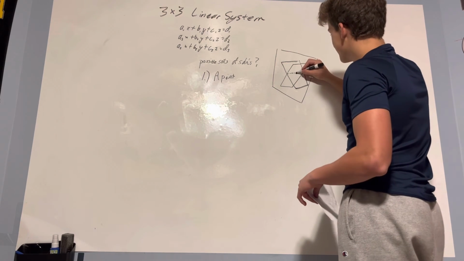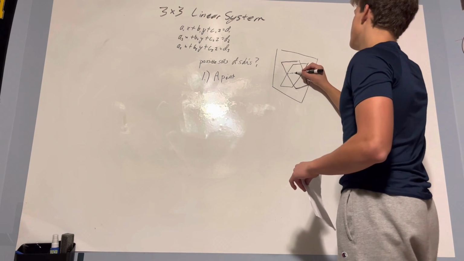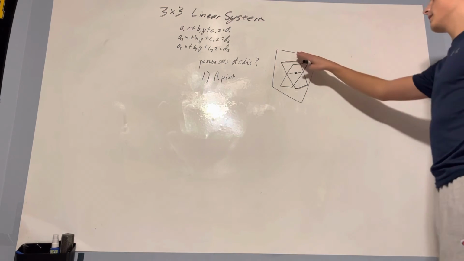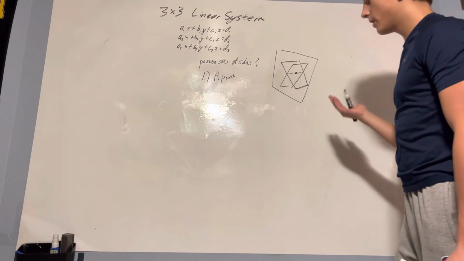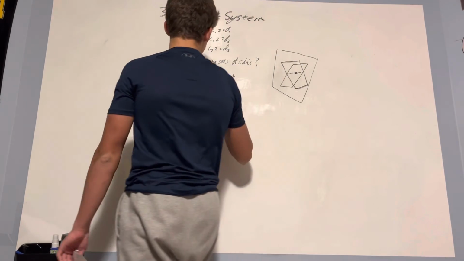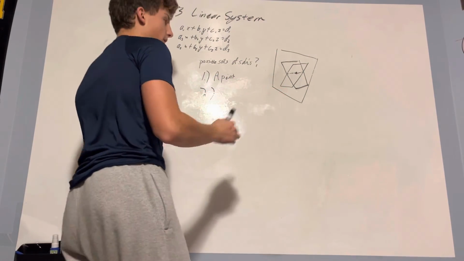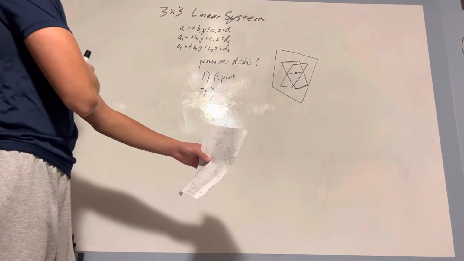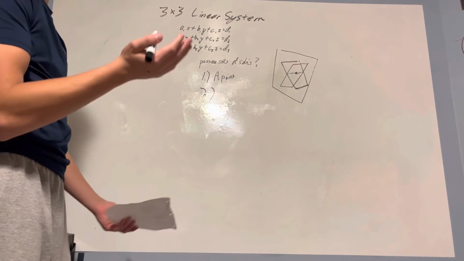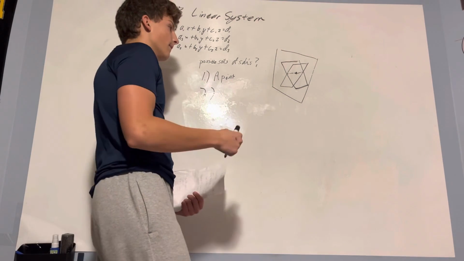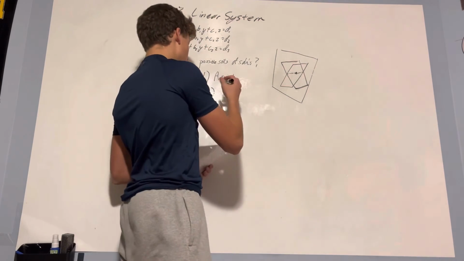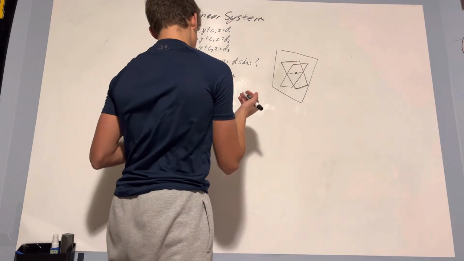Hopefully you're able to see what I'm doing, but it'll just intersect at one point, assuming that no two of the planes are parallel. But now if two of the planes are parallel and a third one is not parallel to it, then we're going to get a line of solutions.